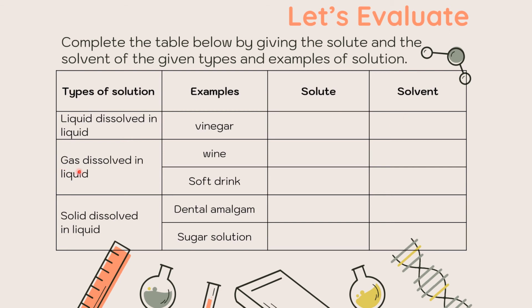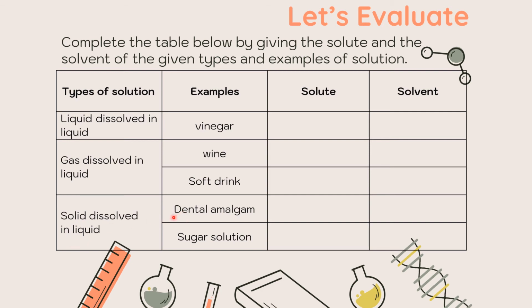How about in gas dissolved in liquid? What are the components of wine which represent gas, and then liquid? And of course, we have also here the soft drink. What is the gas present in our soft drink and liquid? Then the last, we have solid dissolved in liquid.